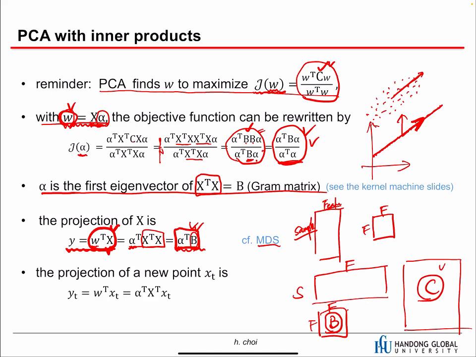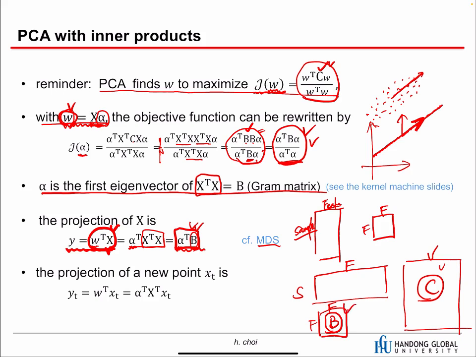For example, if you're working on genetic data, we don't have that many samples, but the number of features is huge. So in that case we cannot work on the covariance matrix because its size is huge.